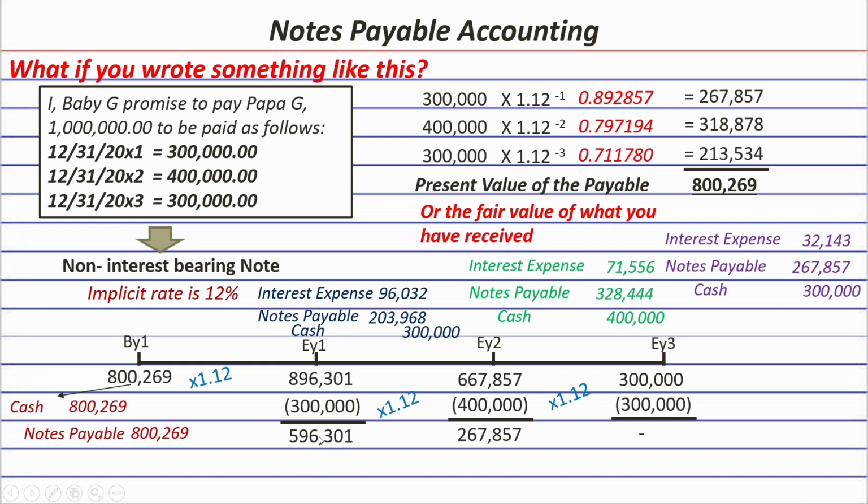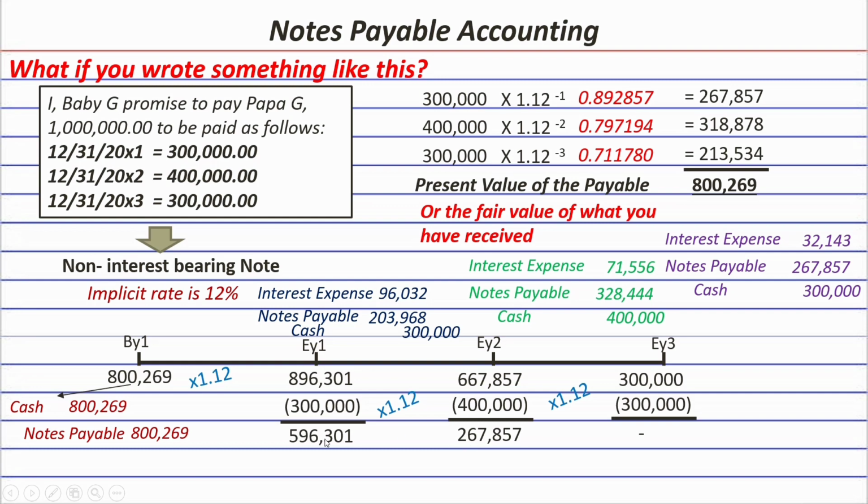Okay? So, to know that, we need to advance to the next 12 months, which is the end of year 2. And as you can see here, there is still a payable balance left. Although it was decreased from 596,301 to 267,857 only. So, what does that mean?